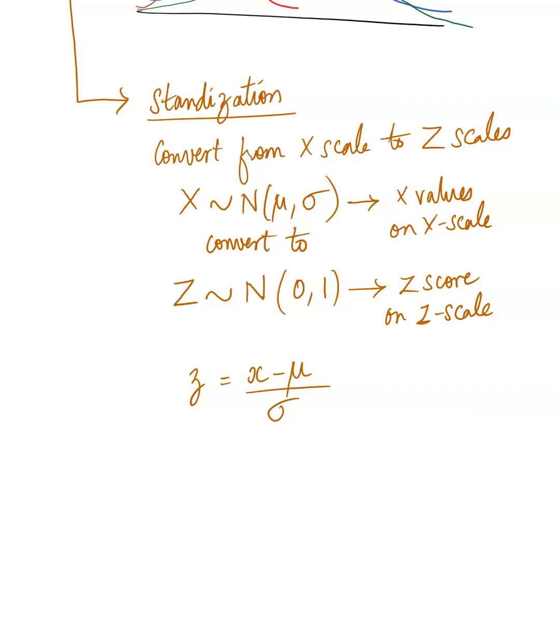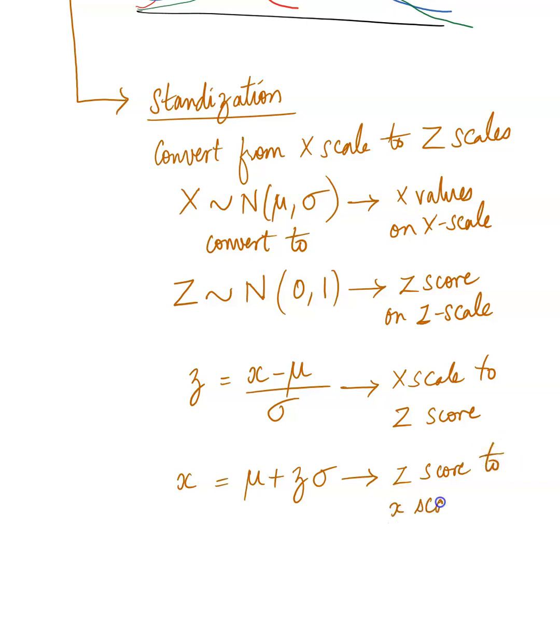And again, if you rearrange these terms, you can always move back from the z scale to the x scale. So this would be from x scale to z score. Now if you wanted everything in terms of x, that will be mu plus z sigma. This will help you convert from z score to the x scale.